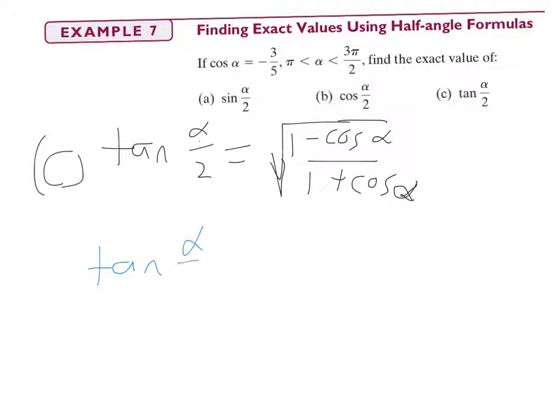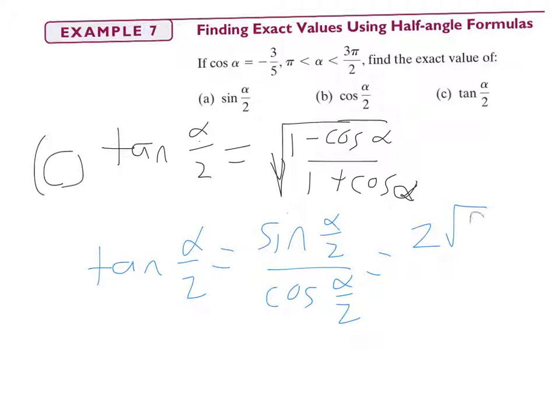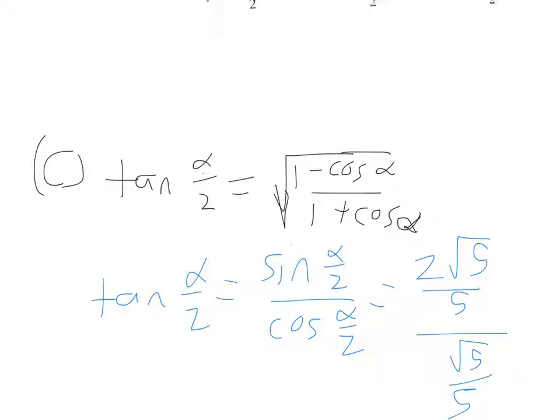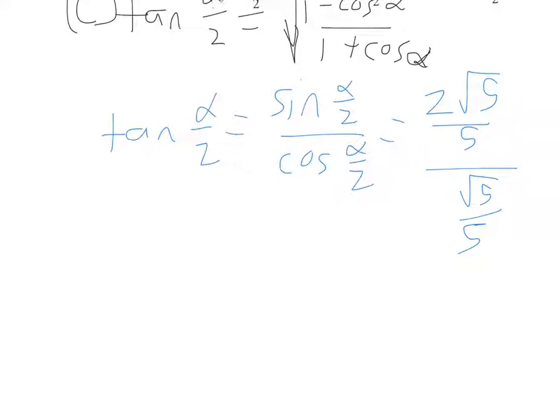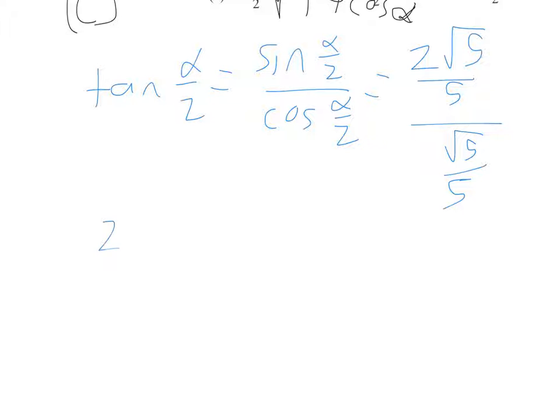Since we have tangent of alpha over 2, we've already computed sine of alpha over 2 and cosine of alpha over 2. So we could just divide those results and we could get our value for the tangent. So it'd be 2 square roots of 5 over 5 divided by square root of 5 over 5. If we do keep flip change, we'd have 2 square roots of 5 over 5 times 5 over square root of 5.